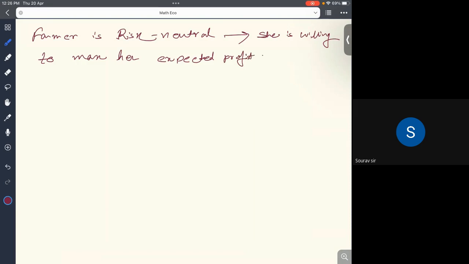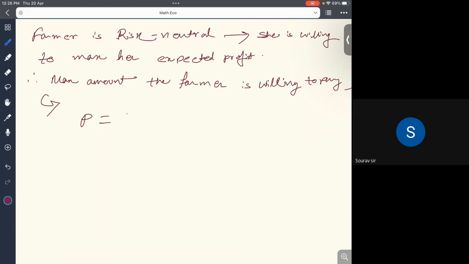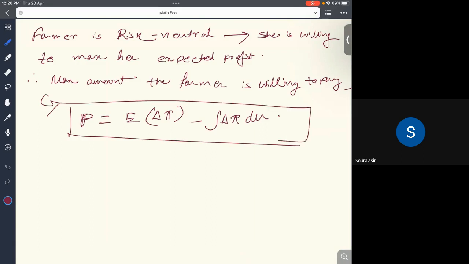Therefore, the maximum amount the farmer is willing to pay for the fertilizer application, you can construct it as P is equal to E of delta pi minus integration of delta pi du. Okay, so this is the equation and this is the solution. Okay, thank you.